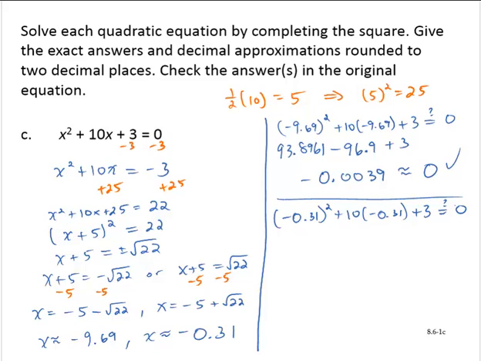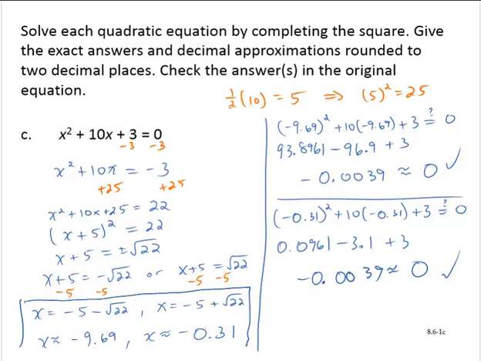Alright, so negative 0.31 squared is 0.0961 plus 10 times negative 0.31, that would be minus 3.1 plus 3. 0.0961 minus 3.1 plus 3 is negative 0.0039 as well. And so that is approximately 0, which checks out as well, and I am confident in my solutions to the equation.